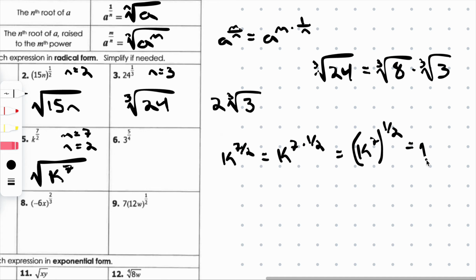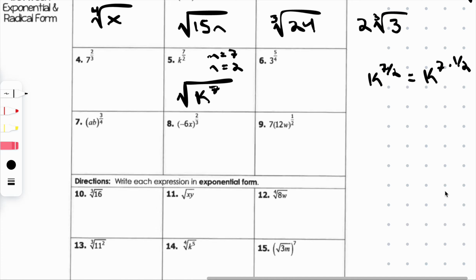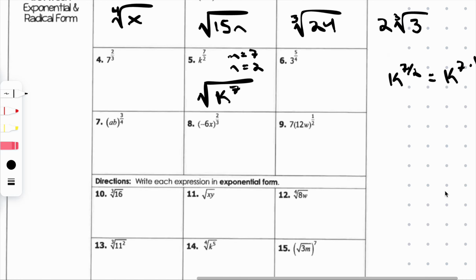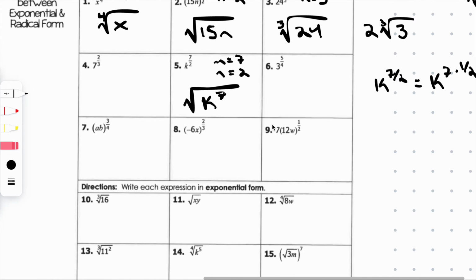From there, we can get to the square root of k to the 7th. Okay, great. So for pretty much all of these, it's just going to be the exact same thing. Same principles apply, even if it's negative or such.